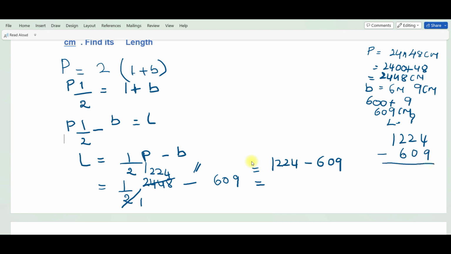Now 14 minus 9 would be 5, and I have 1 here now. So it is 12 minus 6, that is 6. So 615 is the answer. Now as the question was carrying both meters and centimeters, let us convert this as well. As all of you know, if it is 600, you can write it as 6 meters, and the remaining part can be written as centimeters.